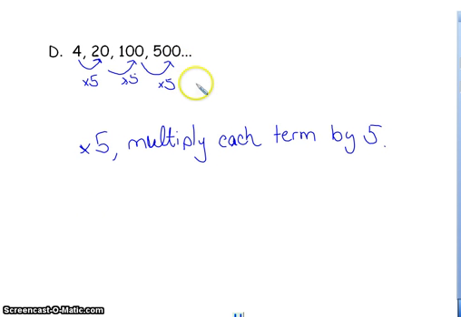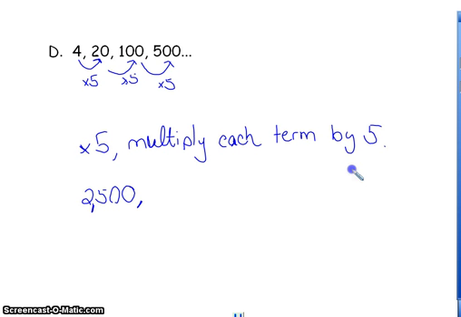Then I'm going to continue the pattern. So I'm going to take 500 times 5, and I know 5 times 5 is 25. And I'm going to add my 2 zeros, 1 and 2. So 2,500. Multiply that by 5.